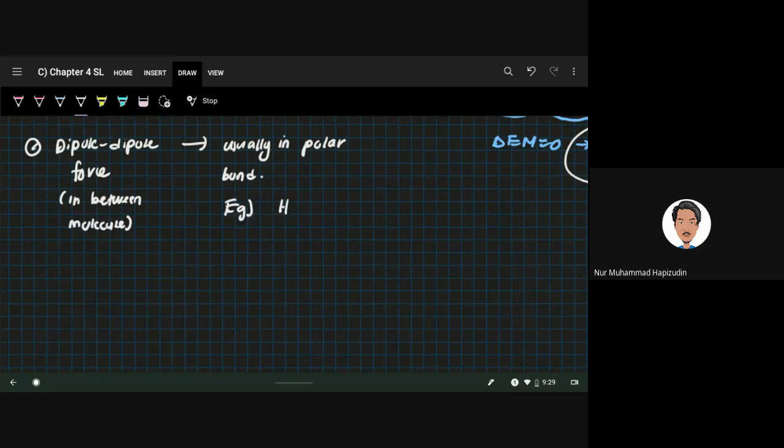I choose HBr. So HBr is polar bond. Polar bond, it has electronegativity more than 0.4.